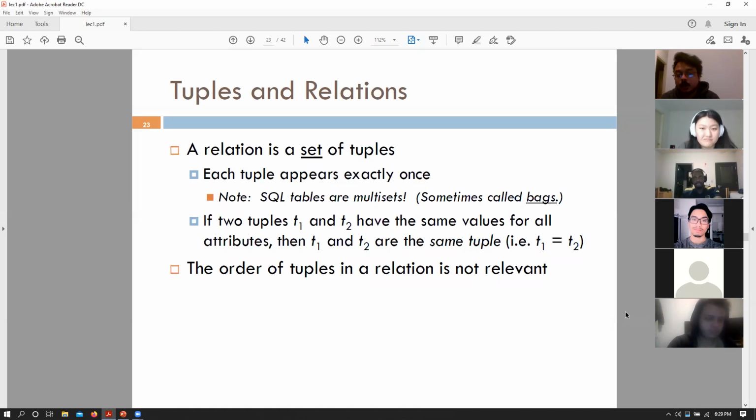And another thing, the order of tuples in a relation does not matter. They are not relevant. If you query a particular database, you can get your values or your tuples in different orders. There can be 5 different implementations of SQL DBMSs, and they can each process your data in different ways, getting you different values.